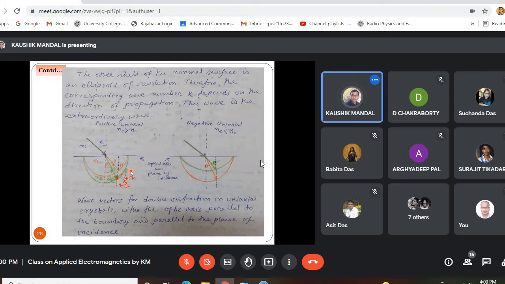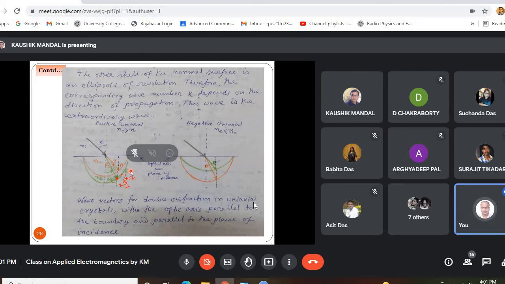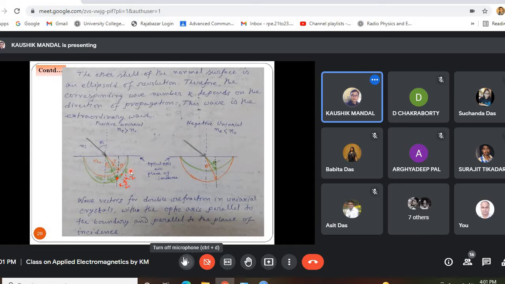If you consider the refraction of light or electromagnetic wave in an isotropic crystal, will it exhibit the double refraction phenomenon? No sir, it will follow Snell's law. As both the shells are spheres and they overlap with each other, there is no question of extraordinary. The refracted wave will follow Snell's law.